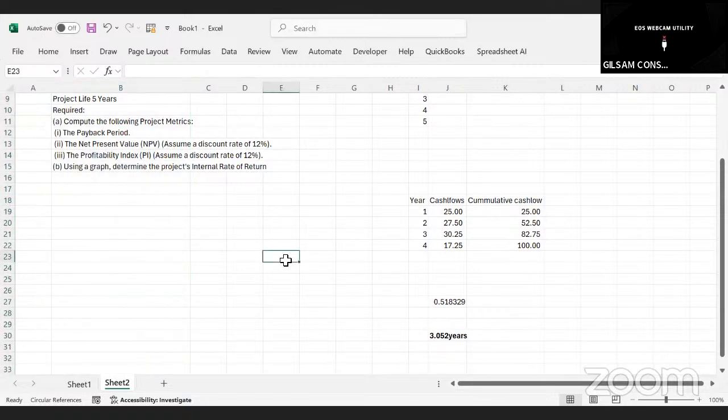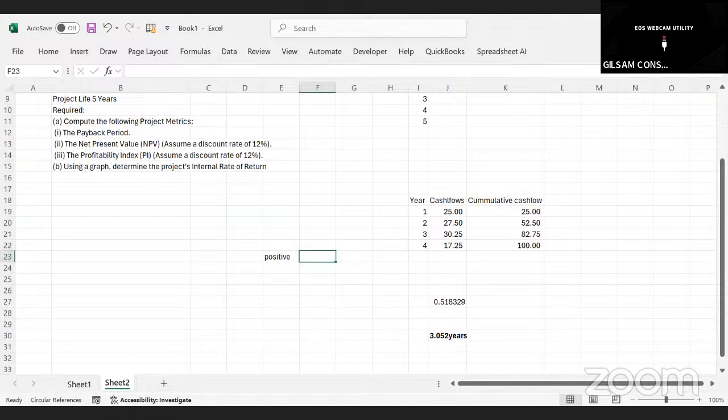The internal rate of return is you get the positive NPV, which the other one was a negative NPV, right? Okay.